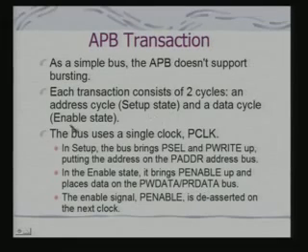So enable is in fact the data cycle, and this data cycle is controlled by your enable signal. The enable signal will be deasserted on the next clock cycle. So you can realize it is a very straightforward and simple bus consisting of two cycles, and that is the typical feature of most of the peripheral buses.